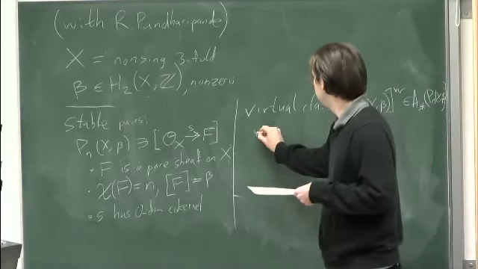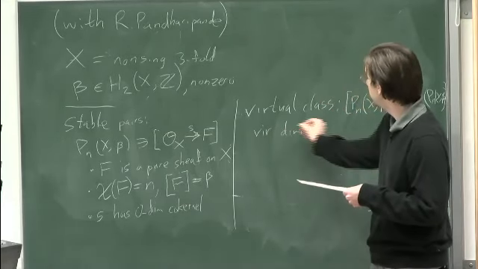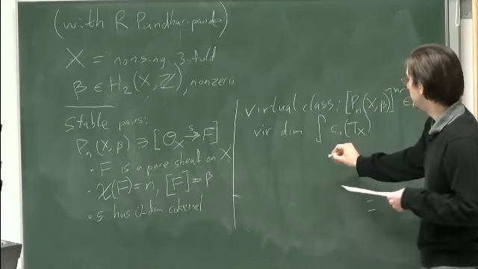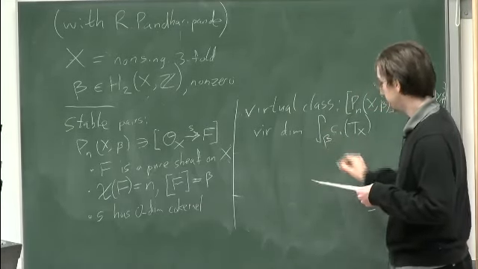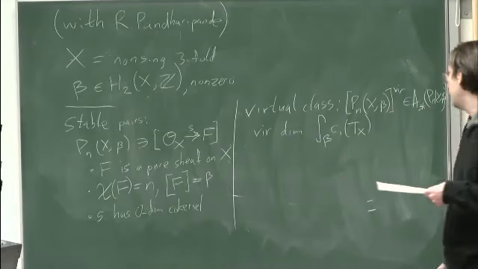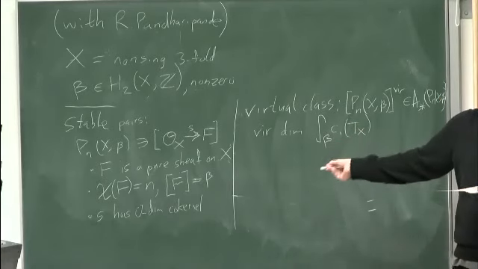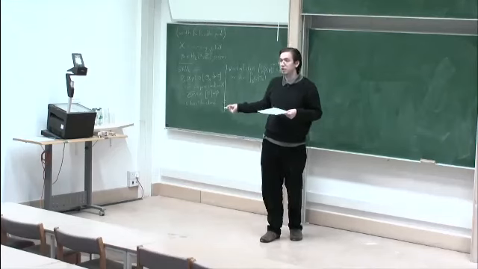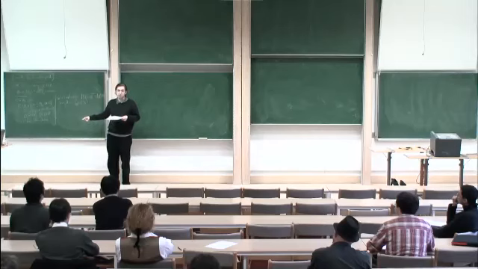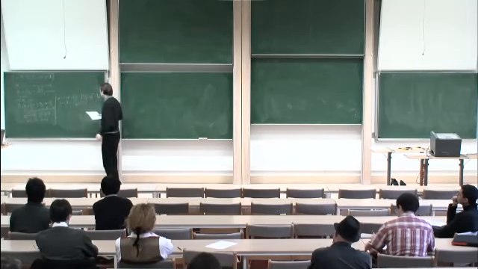And this class has dimension given by pairing the first Chern class of the threefold X with the curve class beta. So in particular, if we were in the Calabi-Yau case, this would always be virtual dimension 0. And so then you would immediately have integer invariants given by counting points on this 0 cycle. In general, however, this virtual dimension is going to be non-zero.